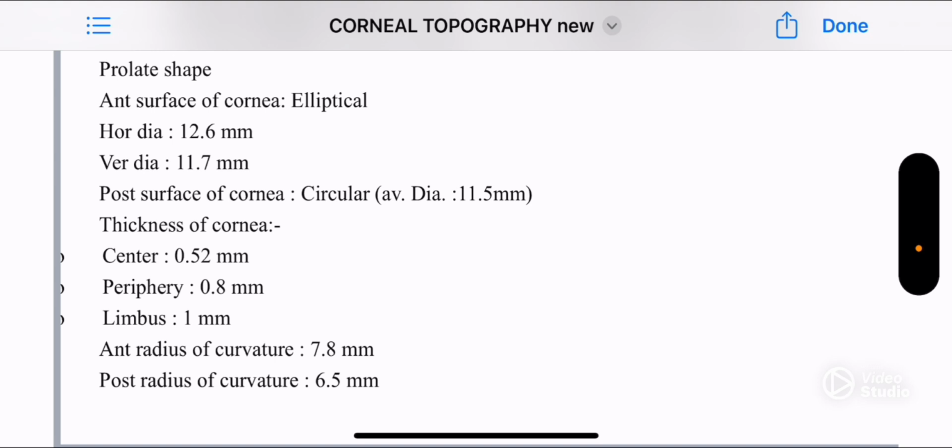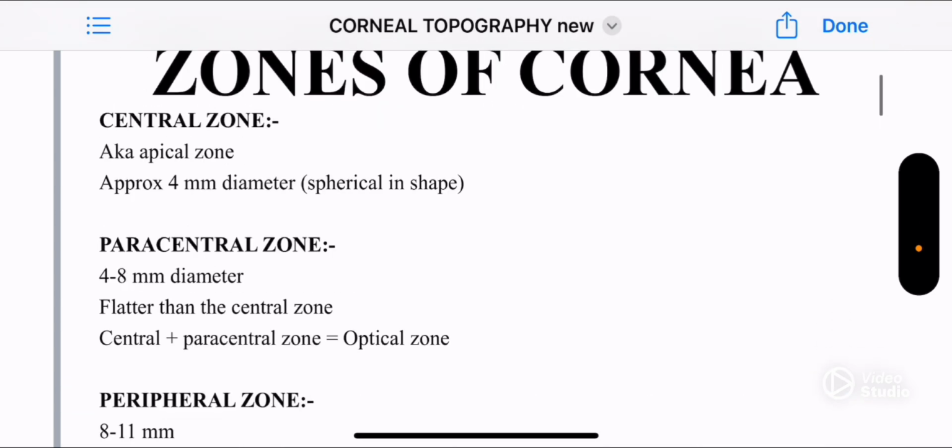The center of the cornea is approximately 0.52 mm, the periphery approximately 0.8 mm, and at the limbus it comes to approximately 1 to 1.2 millimeters. Now, as we have two surfaces of the cornea, we have two radii of curvature. The anterior radius of curvature is 7.8 mm, while the posterior radius of curvature is approximately 6.5 mm.